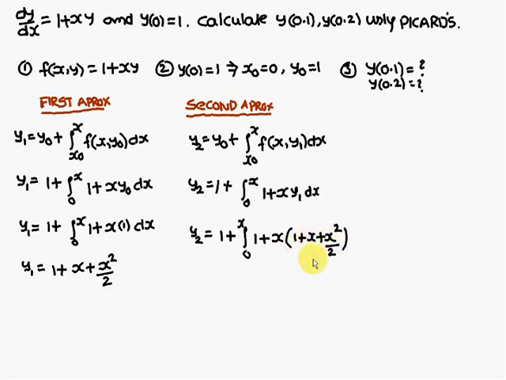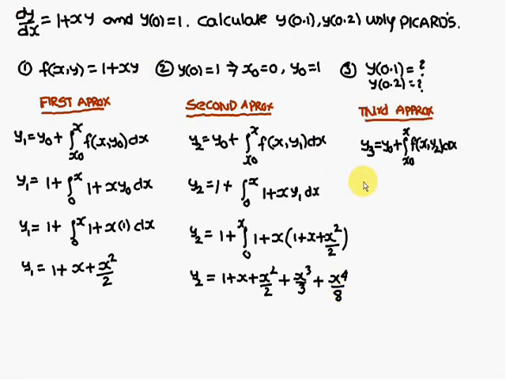If you simplify, 1 integrates to x, x integrates to x square by 2, x square gives x cube by 3, and x cube by 2 gives x power 4 by 8. So y2 is this much.